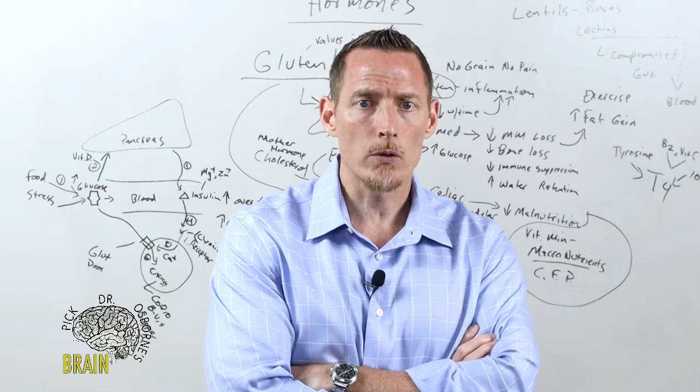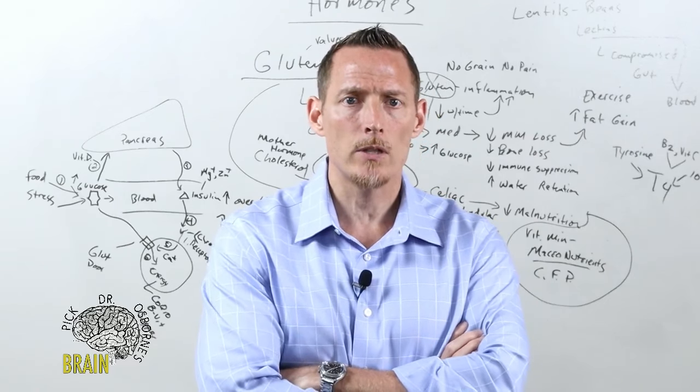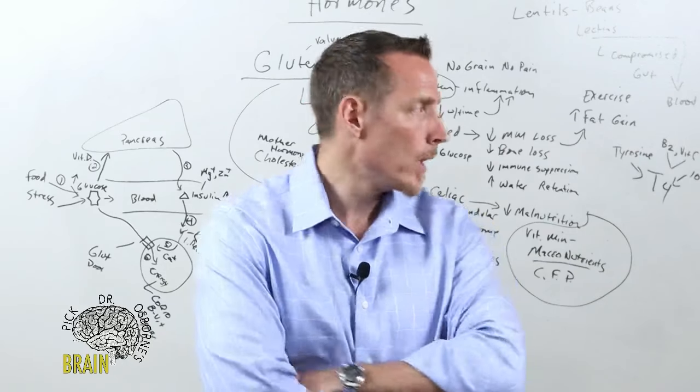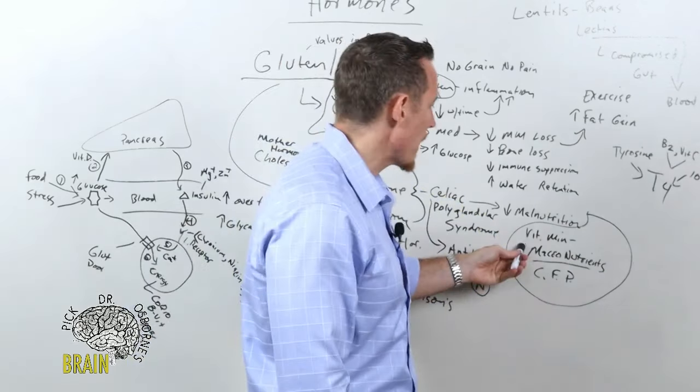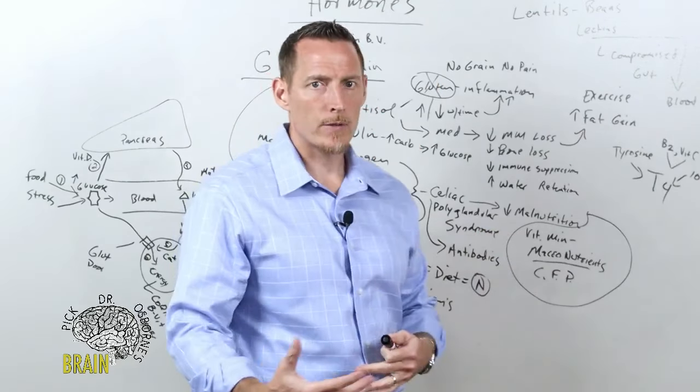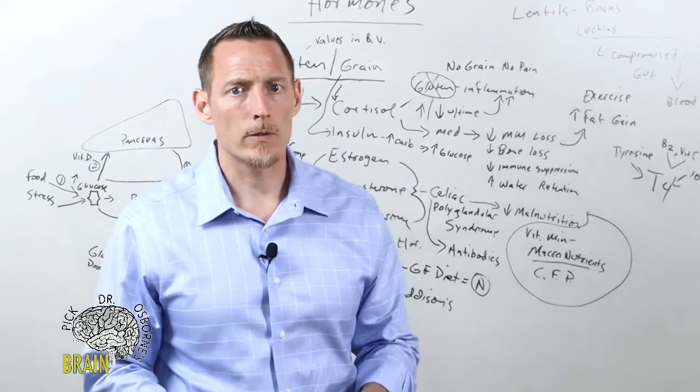Now, for some people, the actual symptoms of gluten sensitivity develop later in life for different factors. So for example, if you eat poorly and you're malnourished, you might manifest the symptoms of gluten sensitivity earlier in your life as opposed to later in your life as a result of you being malnourished.